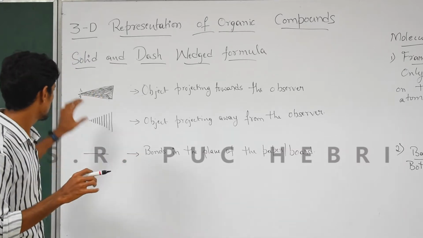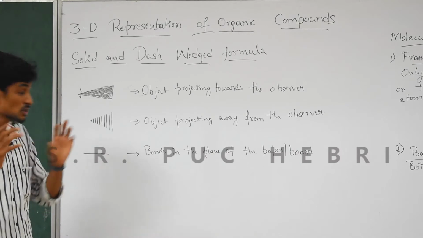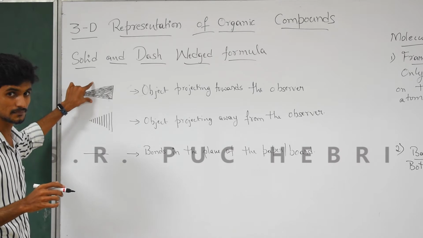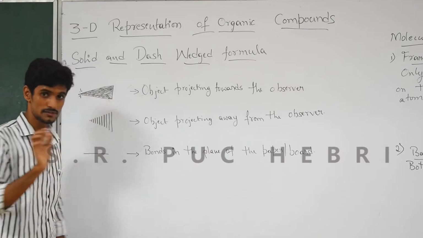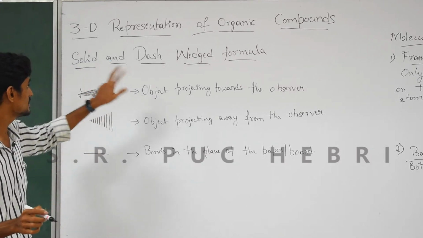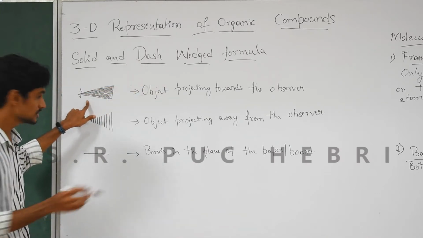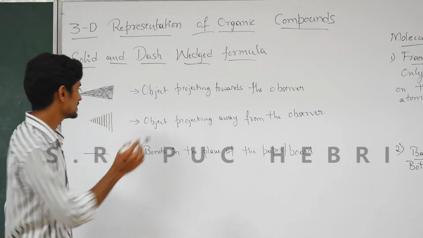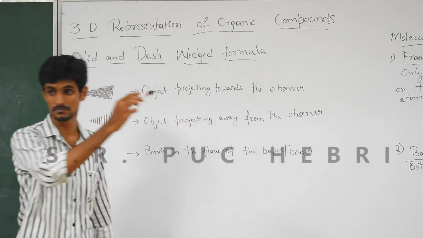Now this wedge is used to represent organic compounds. Instead of writing bonds, we are going to write these kinds of wedges. As this heading tells you, there are two wedges, one solid and one dashed. The solid wedge looks like this. The solid wedge represents an object projecting towards the observer.